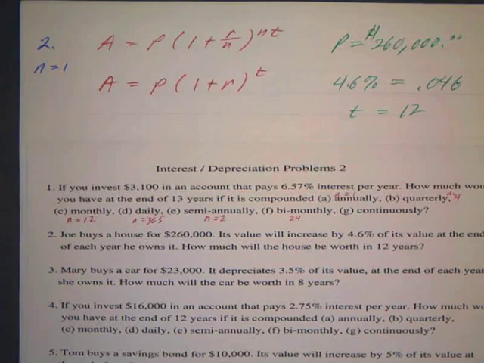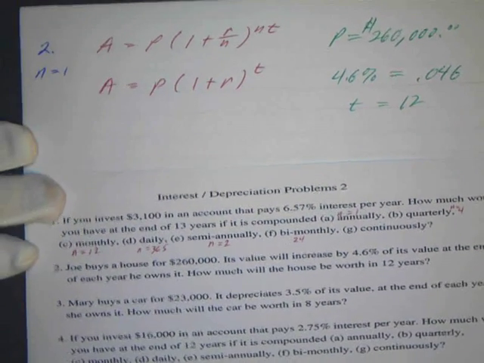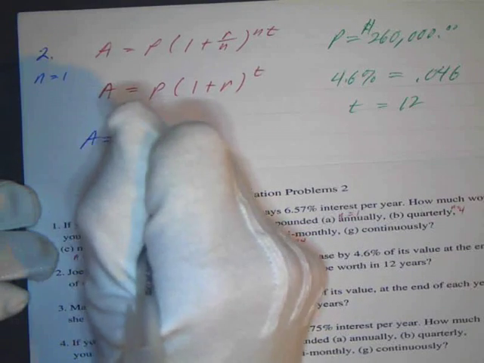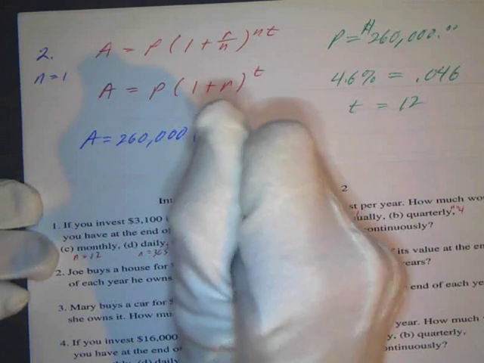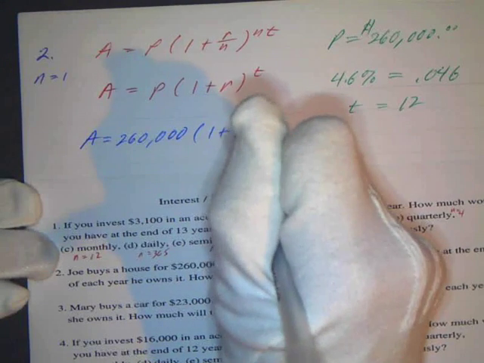And then we just put that data in the formula. So amount equals 260,000, parentheses, 1 plus, and my rate was 0.046.